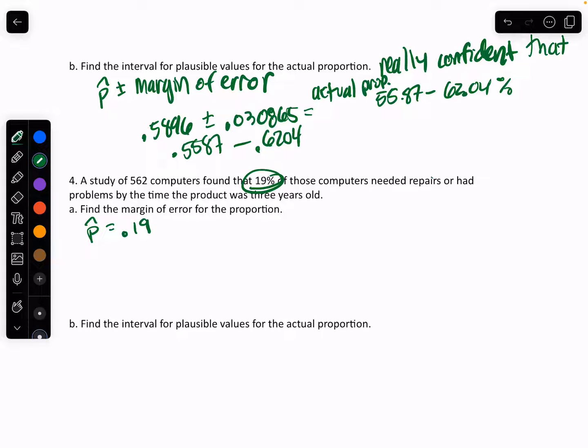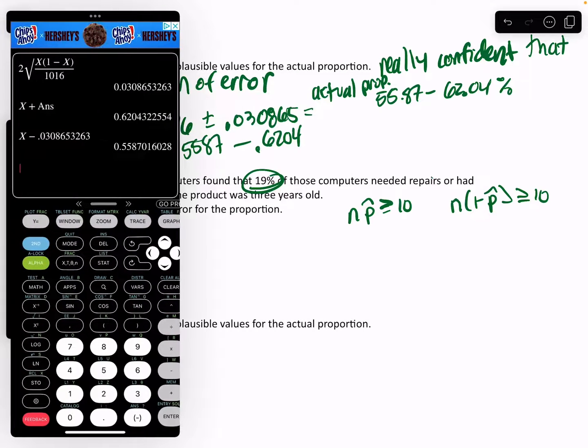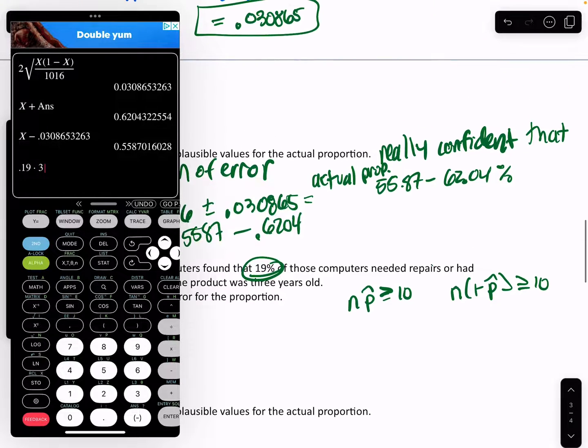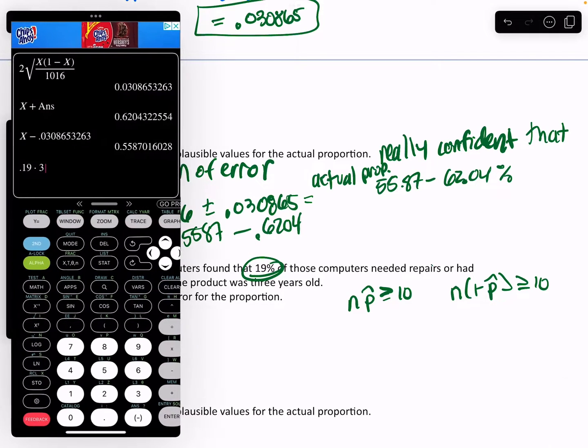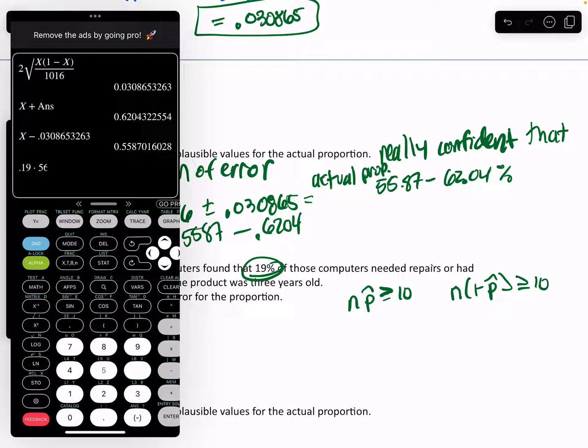Okay? We still need to check that n times p-hat is greater than or equal to 10, and then n times 1 minus p-hat is greater than or equal to 10. So if we look at our values, we can do 19% times our number of computers, 562.